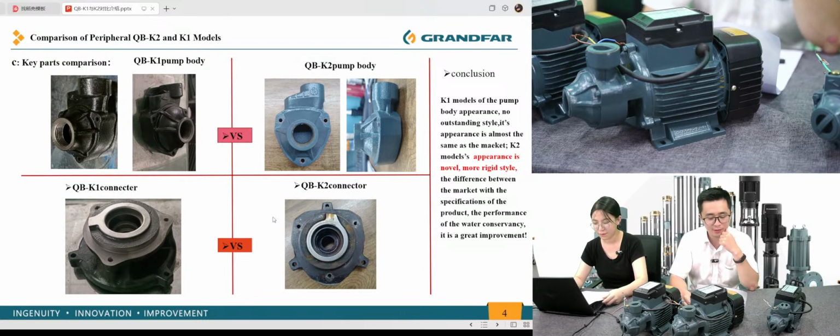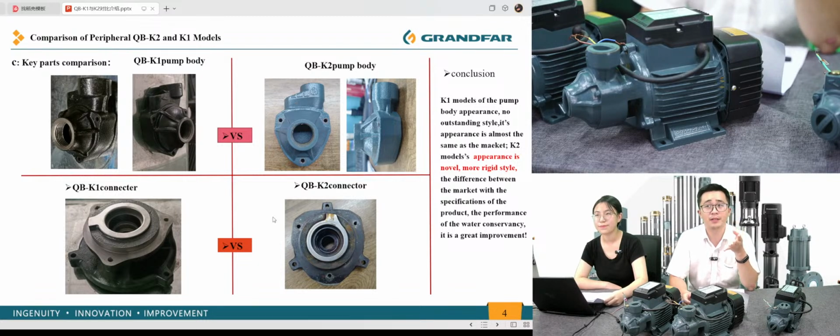The old one looks more normal and more common, and the right one is our new version upgrade product. We adopt the new design with its appearance, so it looks more professional and a little bit more designable.